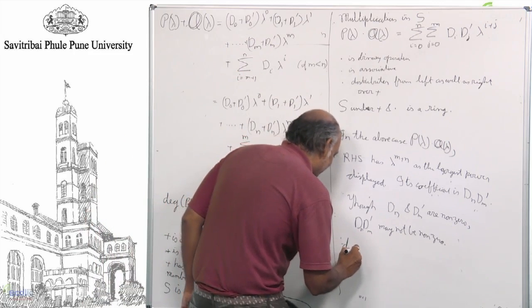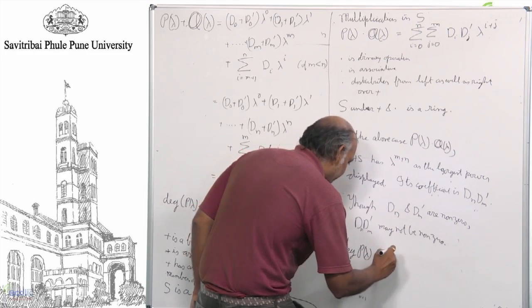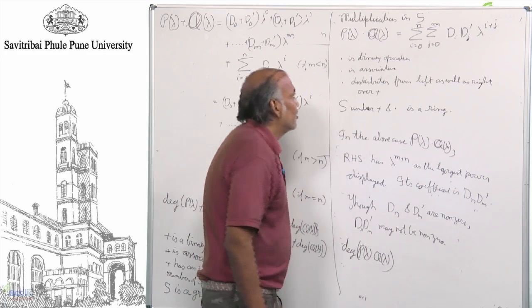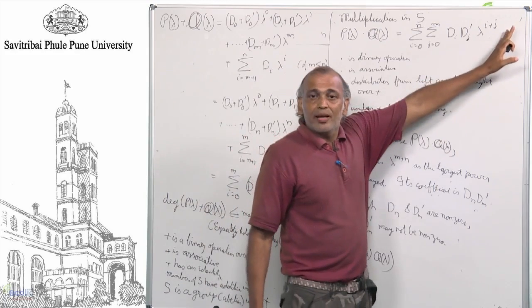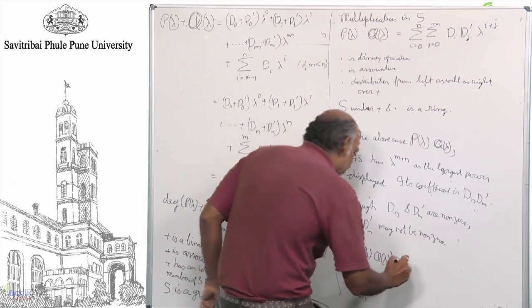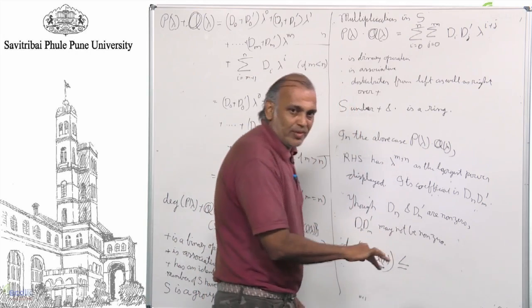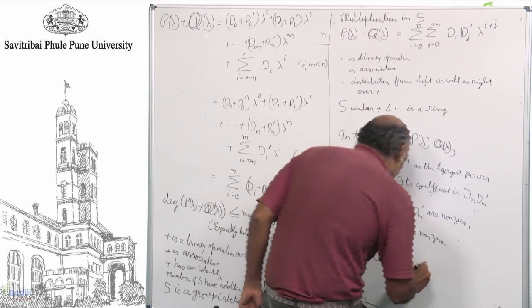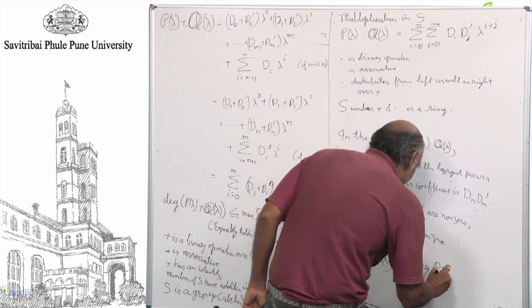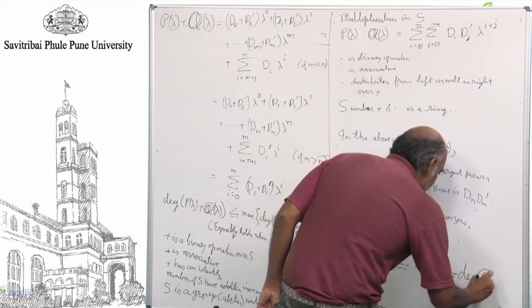Degree of P of lambda times Q of lambda is certainly not more than lambda to the power m plus n. So it could be equal to or lesser than. Therefore this is less than or equal to m plus n, that is, degree of P of lambda plus degree of Q of lambda.